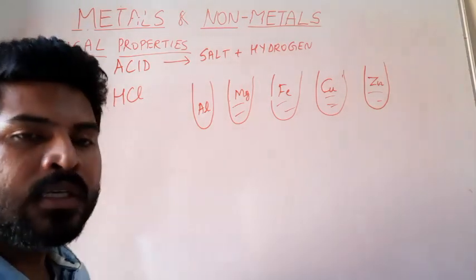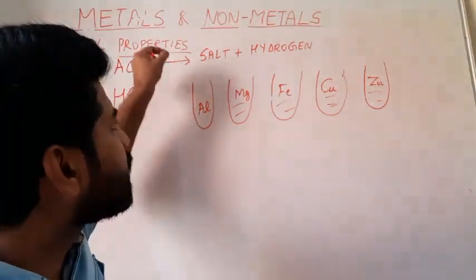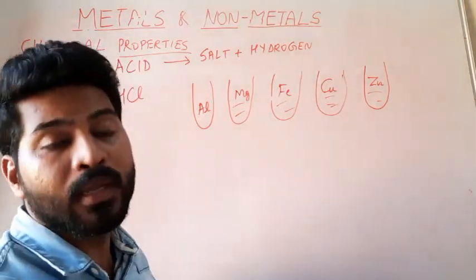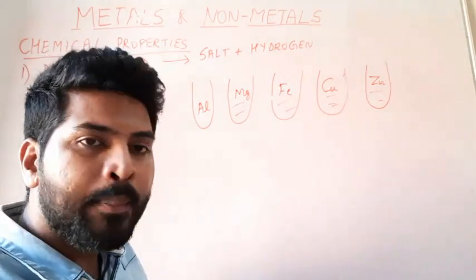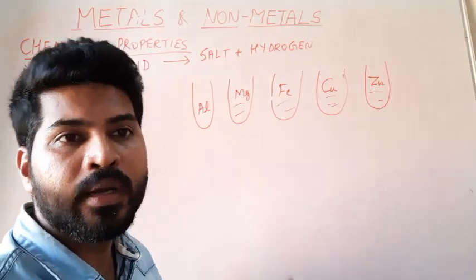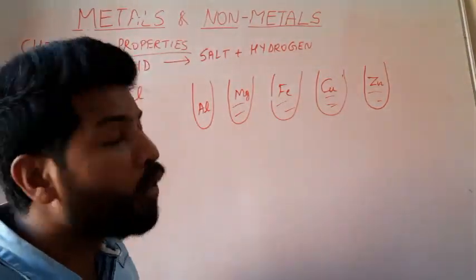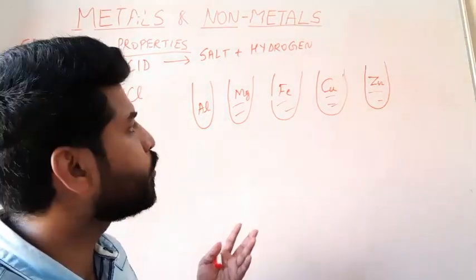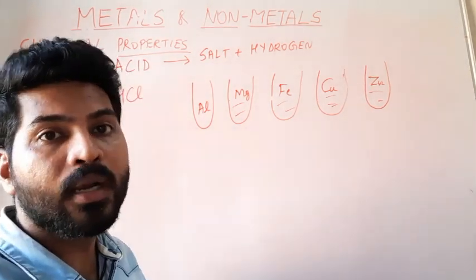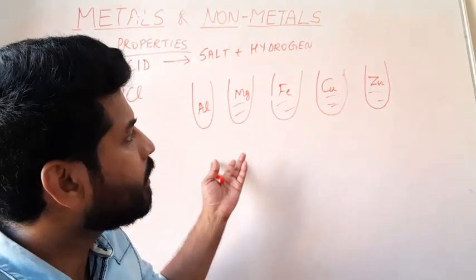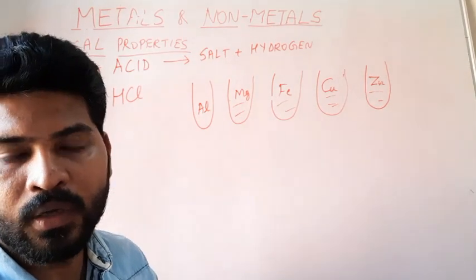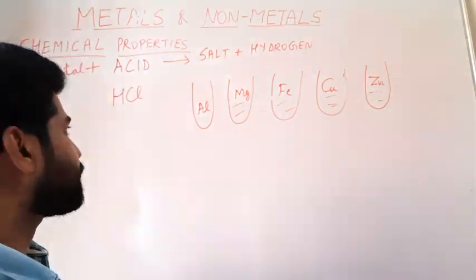And to measure the rate of reaction, we can put a thermometer in each test tube, because this reaction is exothermic. By measuring the temperature in each test tube, we can tell which one is more reactive. Also, the test tube where bubbles are formed quickly and rapidly and in more number will be most reactive, where the hydrogen bubbles are less and formed slowly will be less reactive. And we can also check the temperature in the thermometer.